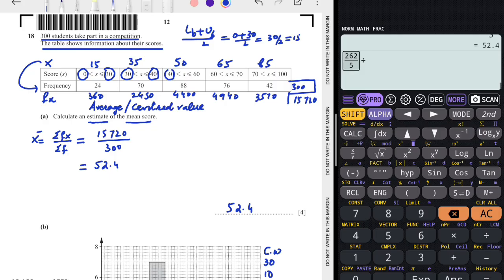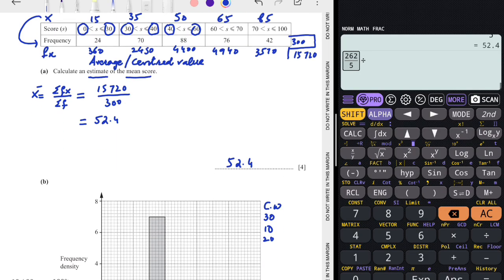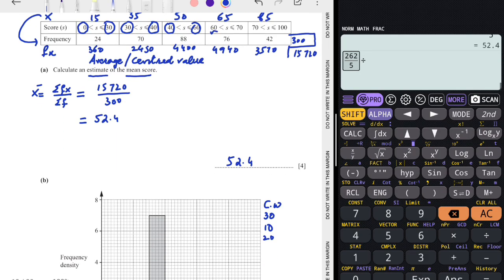Then 40 and 60, 60 minus 40 is 20. And then 60 and 70 is 10. And then the last one is 100 minus 70 is 30. So we always find class width by subtracting lower boundary from upper boundary.